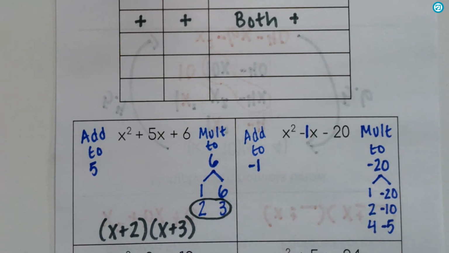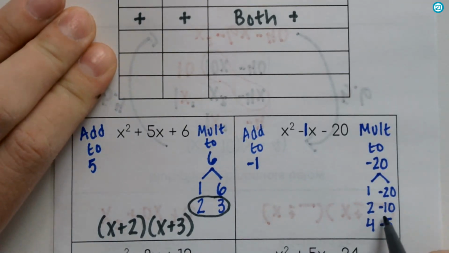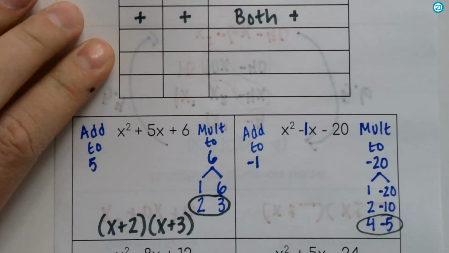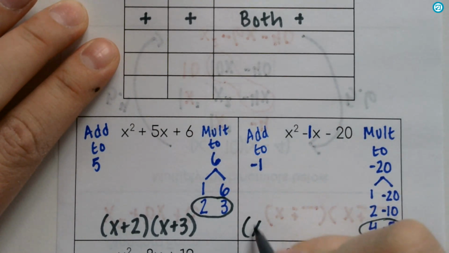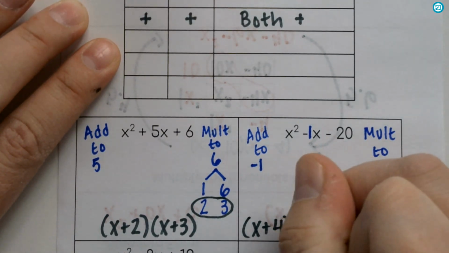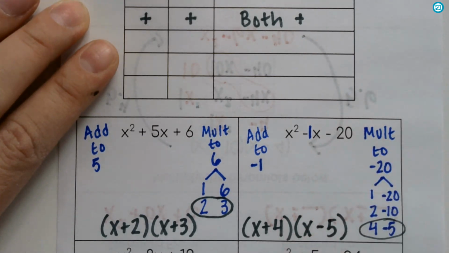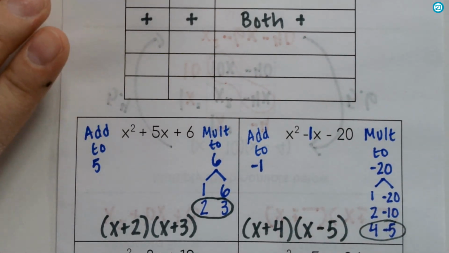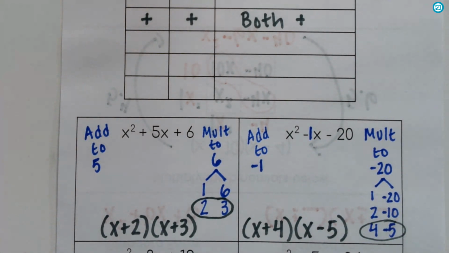Okay, now which ones of those add together to be negative 1? 4 and negative 5. 4 minus 5 is negative 1. So our answer on this one is going to be x plus 4 and then x minus 5. And go ahead and just put x minus 5. Don't put x plus negative 5. That's just goofy.